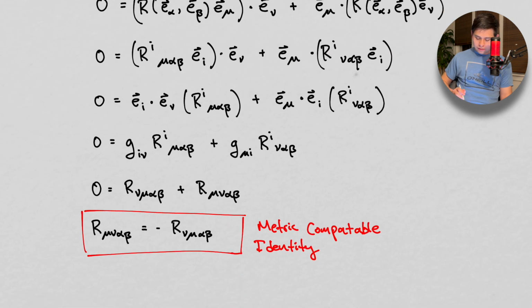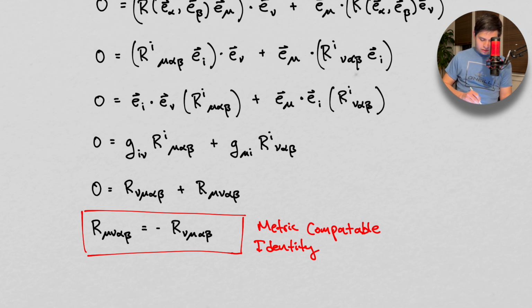All right, and then we get to here, right? So E_I, E_nu, E_mu, E_I. Well, this was just the metric. Metric was a tool, a tensor that gave us the inner product in our vector space.